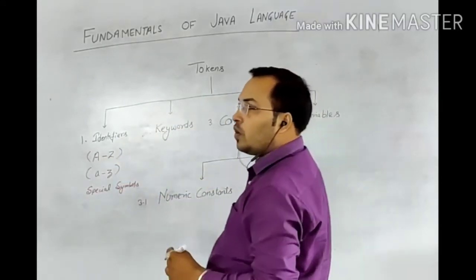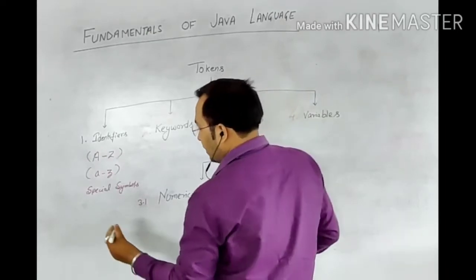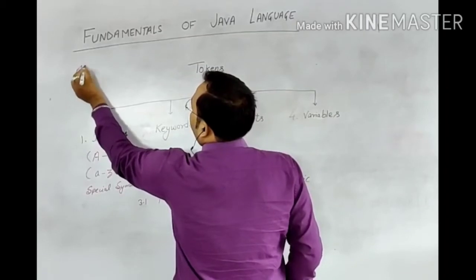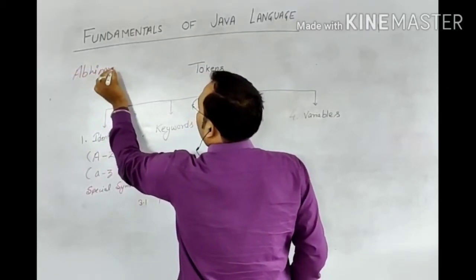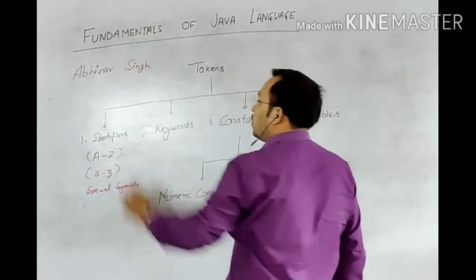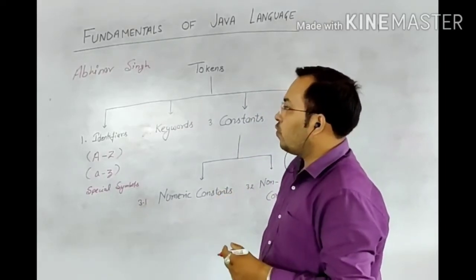Suppose you want to give your class a name like Abhinav Singh. When you give this name, it is not acceptable in programming. Why?